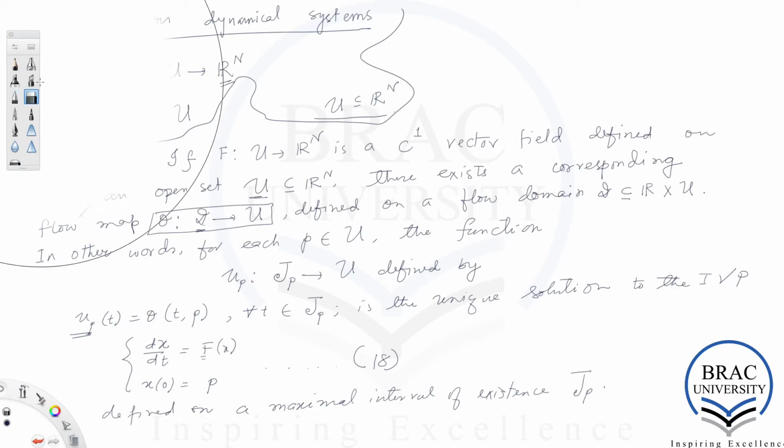Now notice the following things. First, note that theta of 0 comma p is equal to p for all p in U. This is our equation number 19.